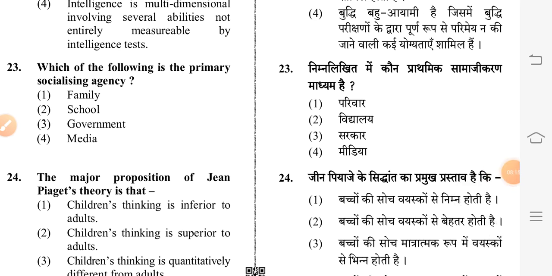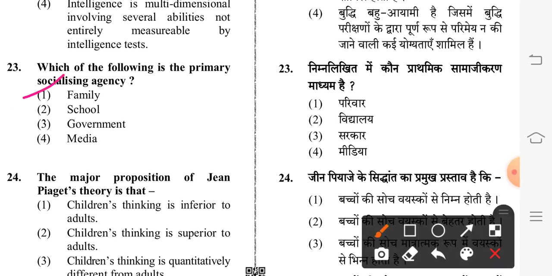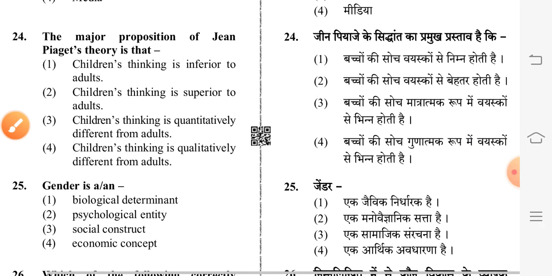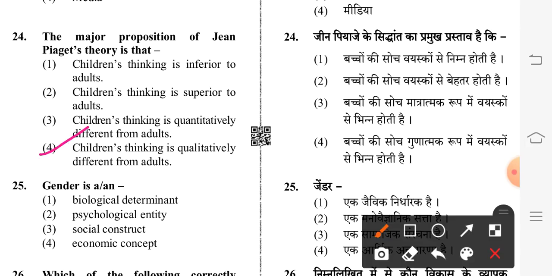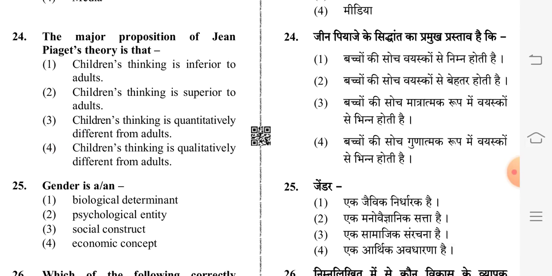Correct option is the first option, family. That is called the primary socializing agency. Next question, the major proposition of Jean Piaget's theory is that. Fourth option is correct, children's thinking is qualitatively different from adults.